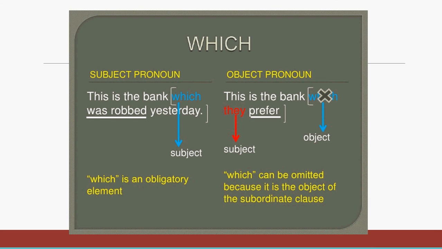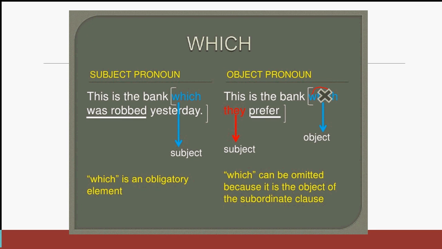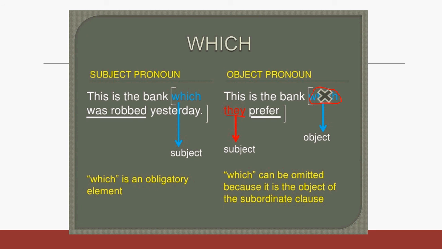Now with which. This is the bank which was robbed yesterday, which refers to the subject and is an obligatory element, while in the object pronoun, which can be there or not, because we have a subject, in this case is they, which can be omitted because it is the object of the subordinate clause.